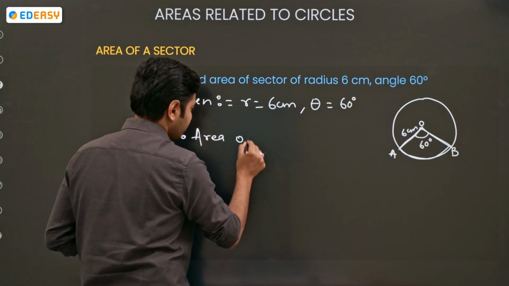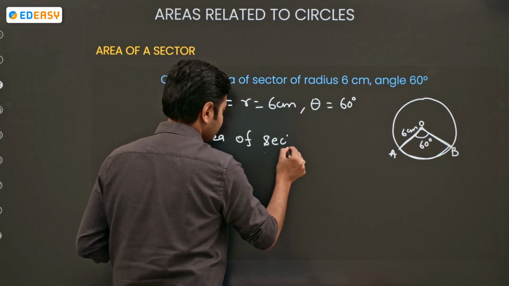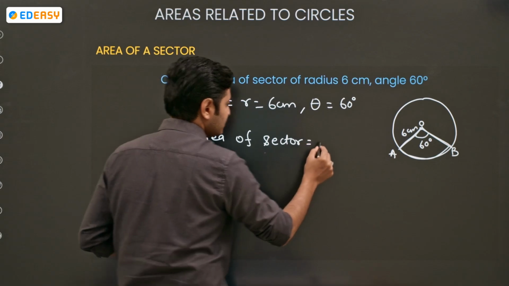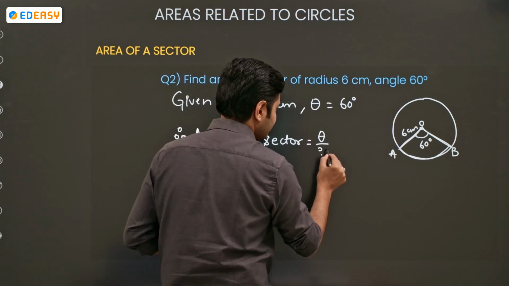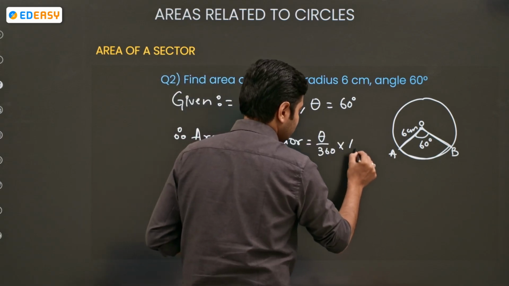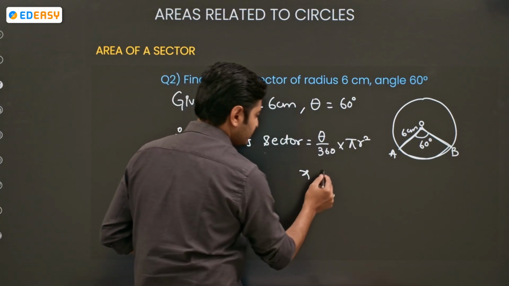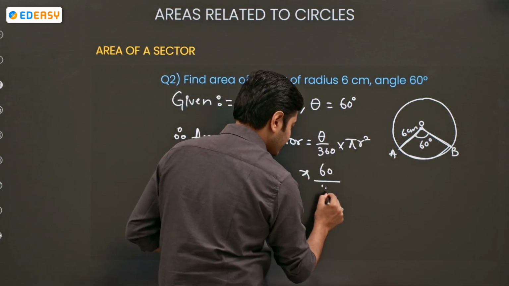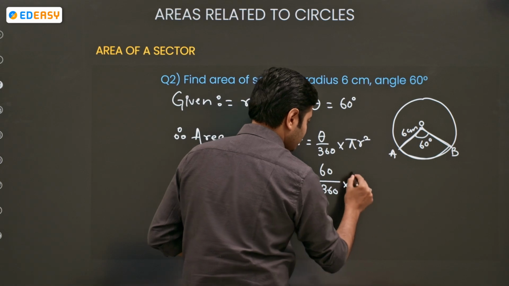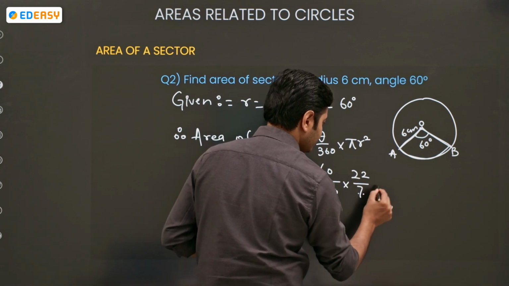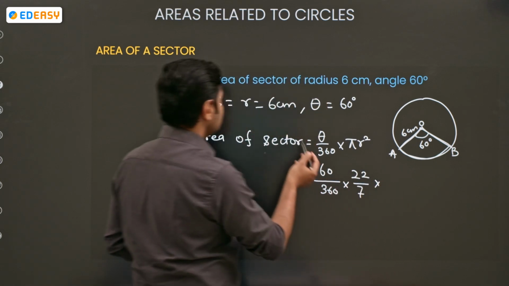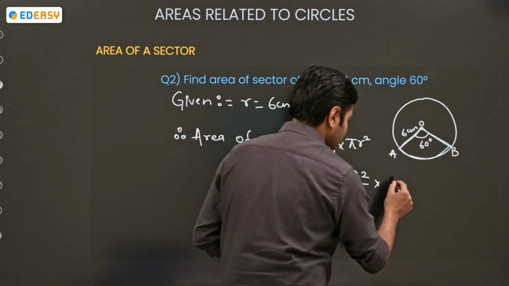Area of sector is theta by 360 into pi r square. Now, theta value is 60 degrees by 360 into, I am going with 22 by 7 now, into r square means 6 centimeter square. So, 6 into 6.